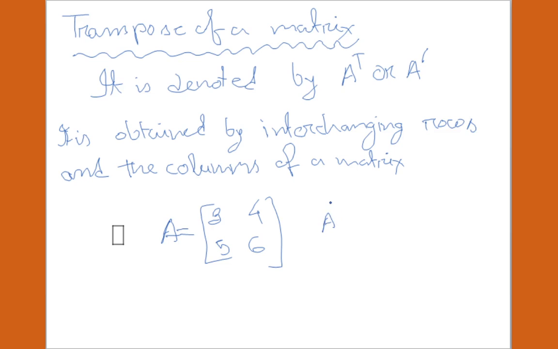So the transpose of a matrix is A T. This is a row, write it as a column. By interchanging rows and columns of a matrix, we can find the transpose of a matrix.